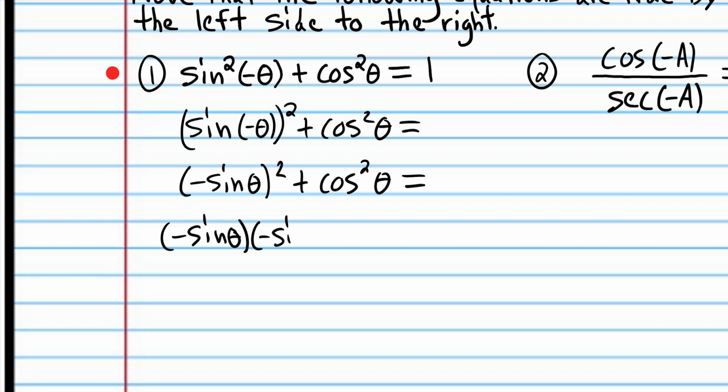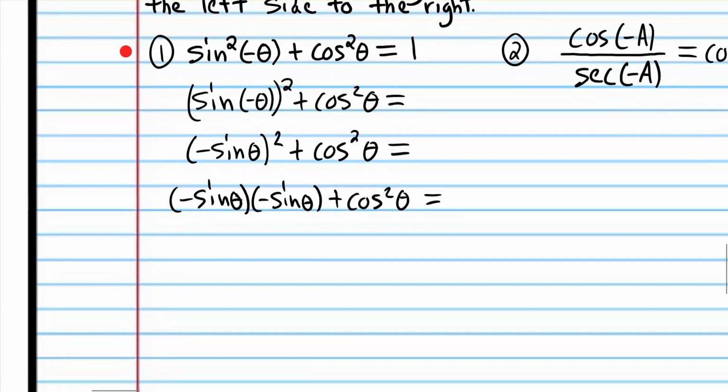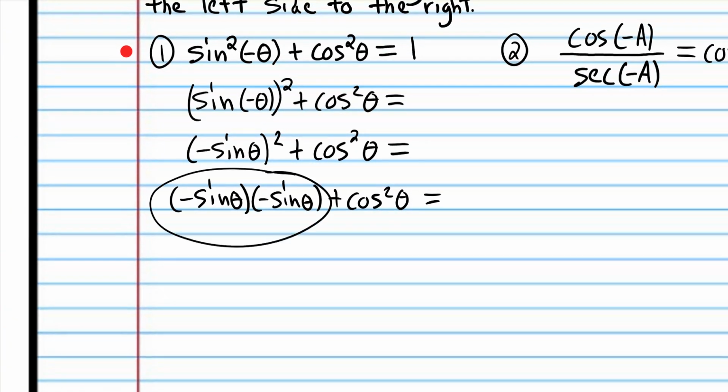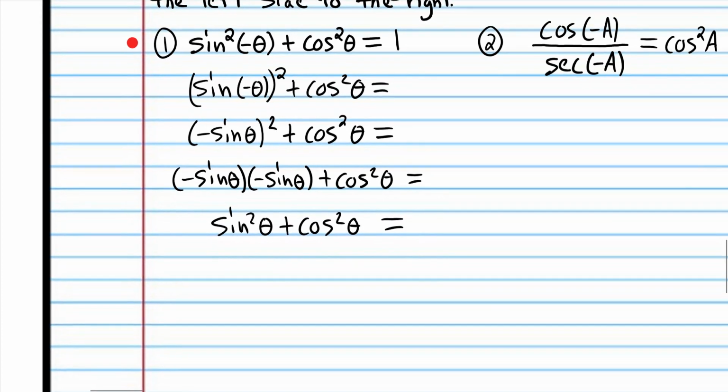Again, you don't have to write this out, but I just want to be absolutely clear. You're multiplying negative sine theta and negative sine theta, so it becomes positive sine squared theta plus cosine squared theta. And of course, now that's a Pythagorean identity. So we proved that the equation is true.